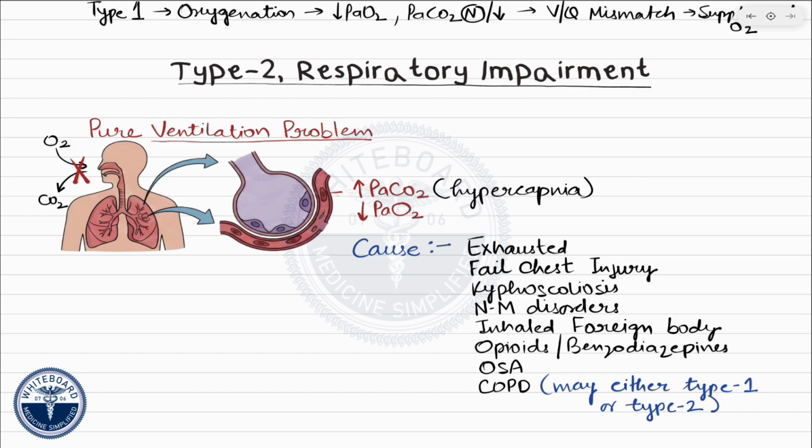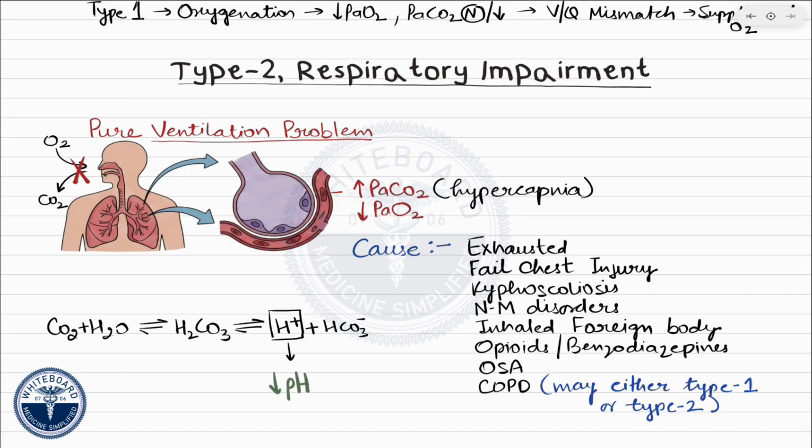Now there is another important point. What happens when PaCO₂ rises? Remember from our earlier discussion that carbon dioxide combines with water and contributes to the formation of hydrogen ions. Therefore, when PaCO₂ rises suddenly, acid begins to accumulate in the blood and the pH falls.